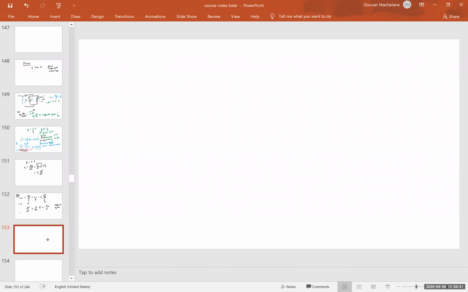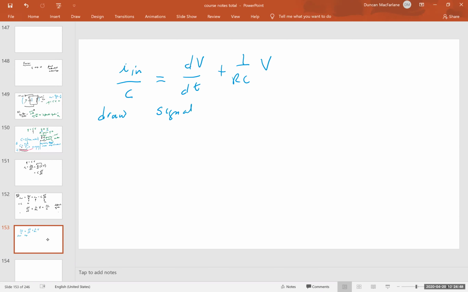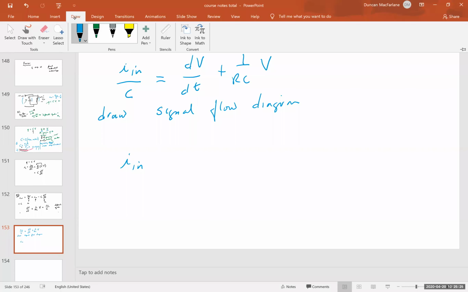I in over C is equal to dV/dt plus 1 over RC times V. And I want to draw this, and so the I in, this by the way is our... actually, let me not do this yet.